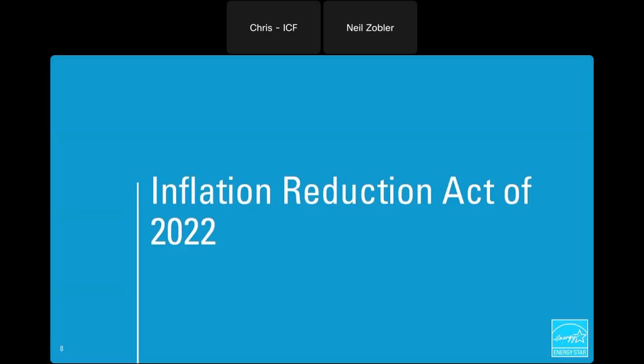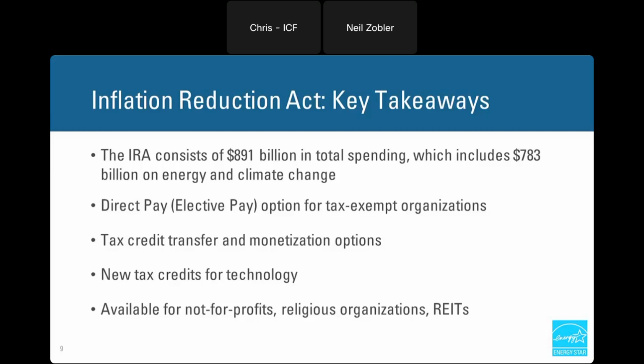So a quick mention of the Inflation Reduction Act of 2022. Key takeaways: $891 billion includes $783 billion in energy and climate change. Some of the really big changes here is the direct pay or elective pay option for tax-exempt organizations. Why is this a big deal? Because in the past, for tax-exempt entities, in order to take advantage of tax benefits, you had to pay taxes.